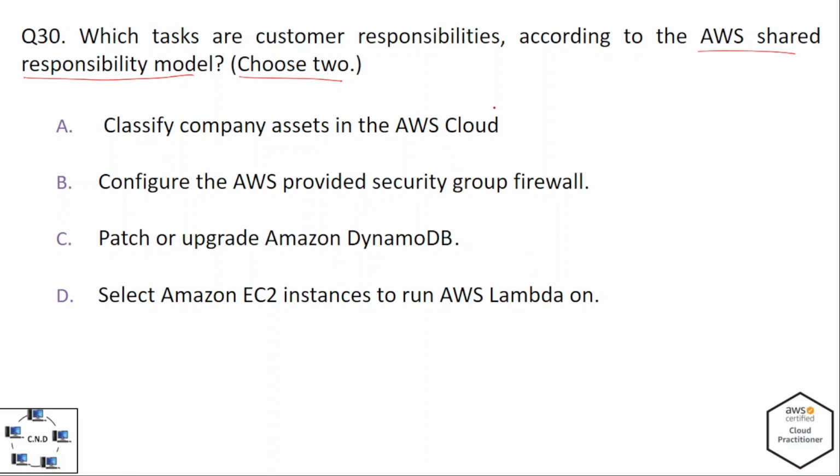And the correct options are, so we are talking about the customer responsibility in the AWS shared responsibility model. So the customer responsibilities include classification of company assets in the AWS cloud, and the configuration of the security group firewall provided by AWS.